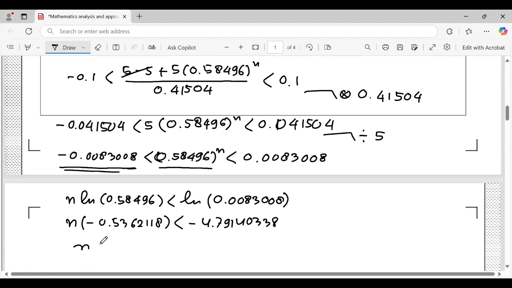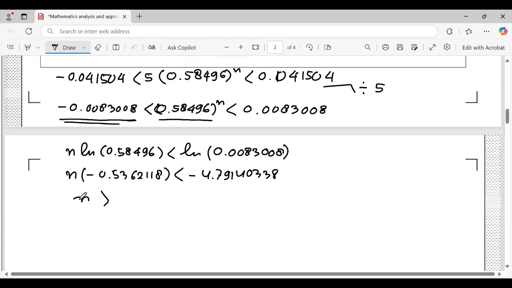So n comes, I mean this is n, now it's 4.791 over 0.53 and so on, and we can find the result n greater than 8.93 and so on.